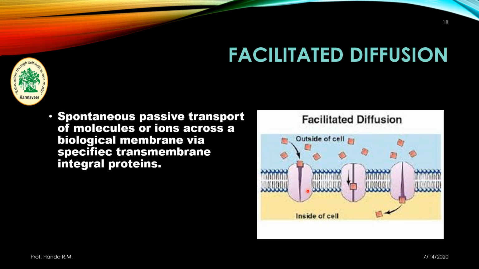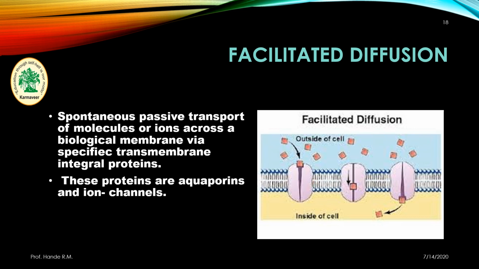Examples of integral proteins present in the plasma membrane which help in facilitated diffusion are, first, ion channels and, second, aquaporins. Sodium channels and chlorine channels are examples of ion channels.